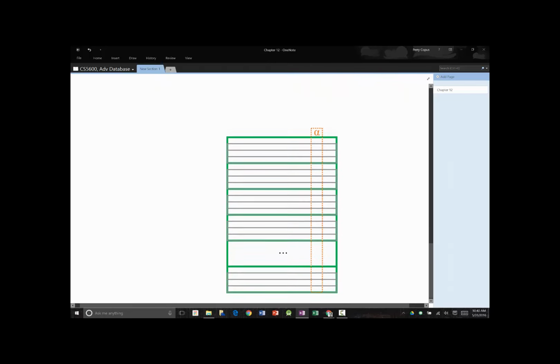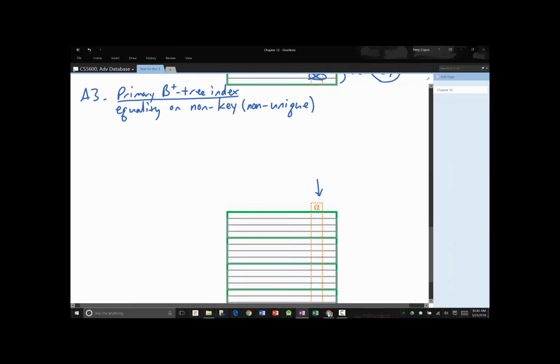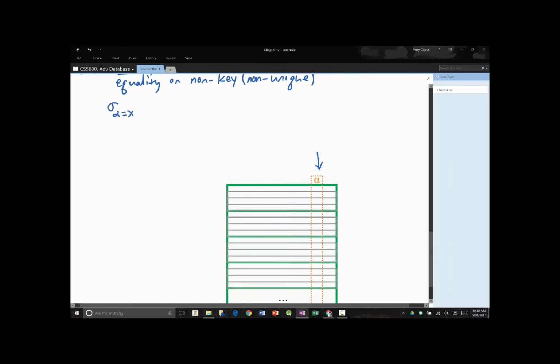Let's look at the table, okay? Here's alpha. What are we doing? We're doing, again, selection where alpha is equal to x, and that can be more than one match.